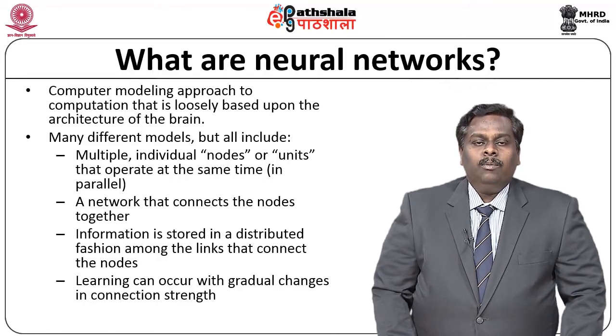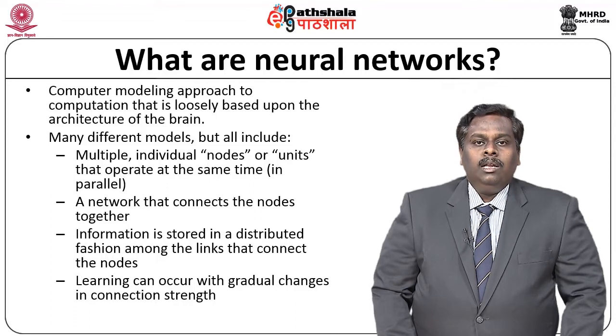Thirdly, the information that is stored is in a distributed fashion, because you have multiple units, and on all these units the information is distributed, and the links that connect these nodes help in exchanging this data across various nodes.